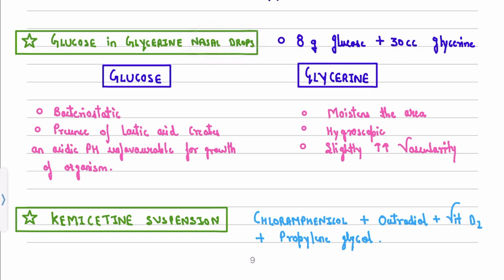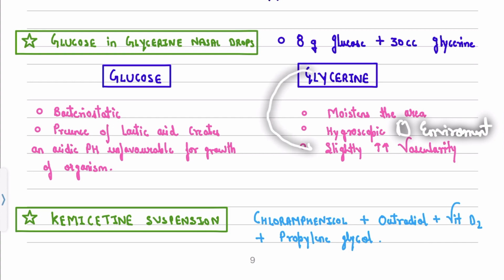What does glucose do? Glucose is bacteriostatic, and its conversion into lactic acid creates an acidic pH, which is unfavorable for growth of bacteria. What does glycerin do? Glycerin first of all moistens the area. Glycerin is hygroscopic, it collects moisture from the environment.